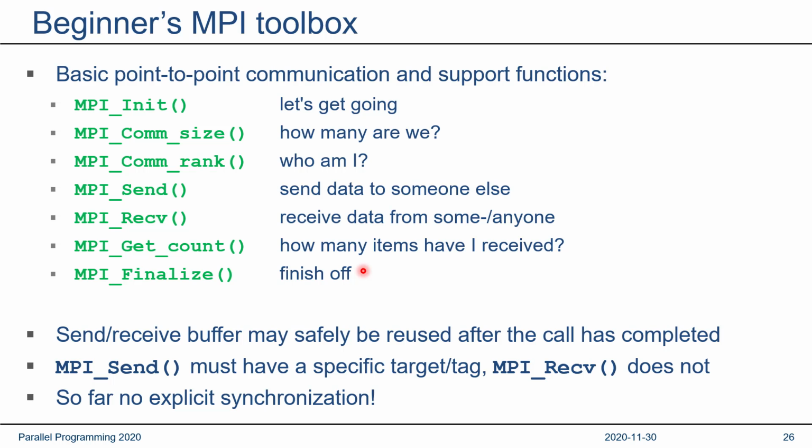MPI_Recv does not, however, so MPI_Recv has more freedom. That's why we need things like MPI_Get_count and the elements of the status object to get hold of the sending rank and the tag. So far, we haven't covered any means of explicit synchronization, so this is not part of the beginner's toolbox.